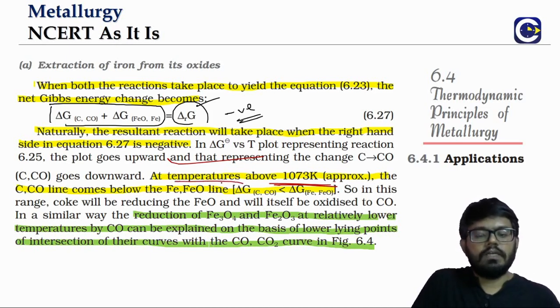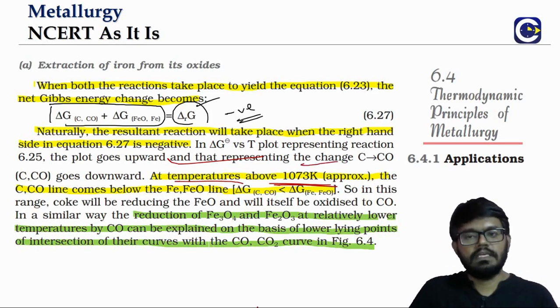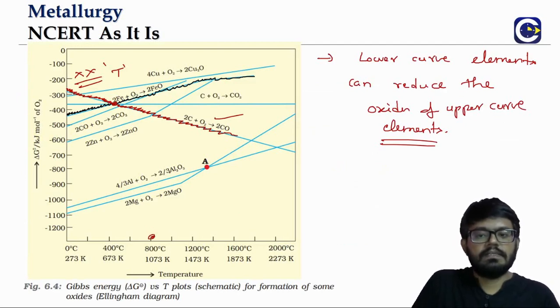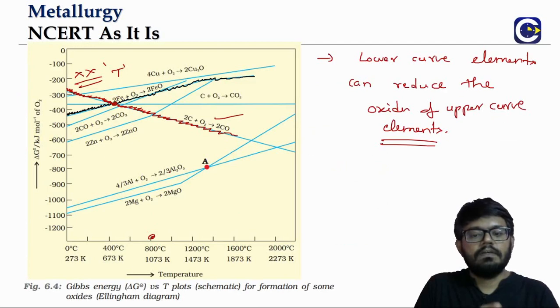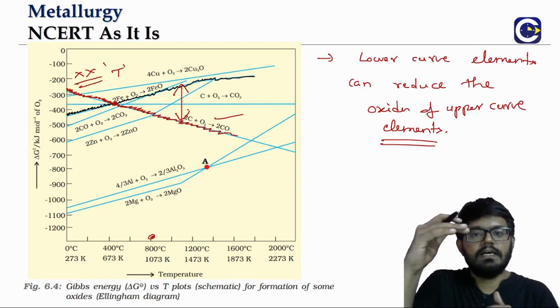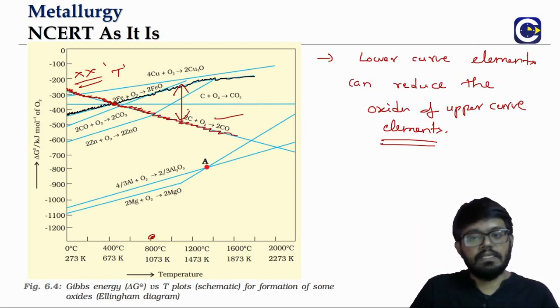So once we cross that intersection temperature, which is roughly around 1073, where is 1073? This is here. If you cross this temperature, we will see that the curves become significantly separated. Remember what we said? When the gap is considerable, we will see the reduction happening with ease.